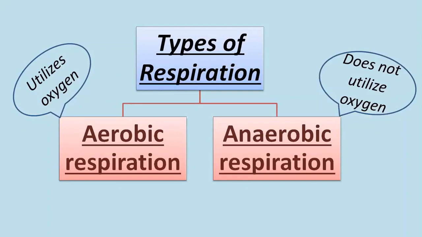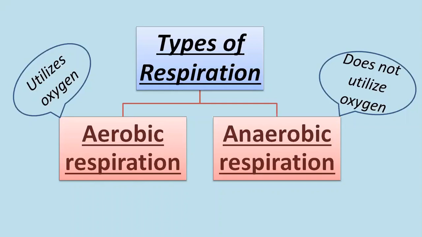So what is this aerobic respiration? It is the process of breakdown of glucose in the presence of oxygen. So this means that here the oxygen is utilized by the cells of the body to break down the glucose molecules and to release energy.